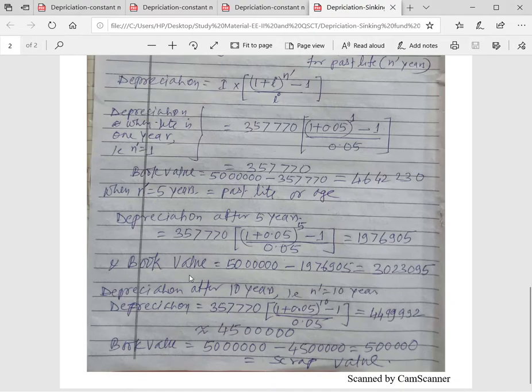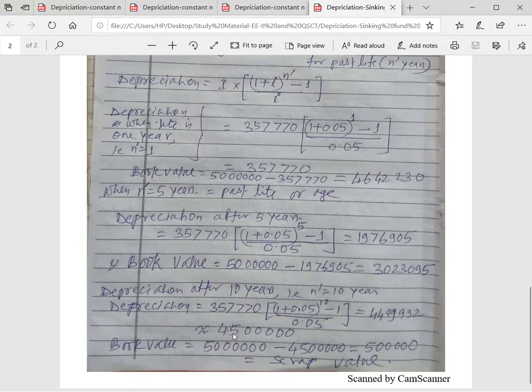And likewise you can continue for say 6 years, 7 years, 8 years, 9 years. So we will discuss here when the life is over, that is n dash is 10 years, that life is over. So for the depreciation amount, keeping n dash equal to 10 here, putting in all the values and solving, this is 44 lakh 99,992.